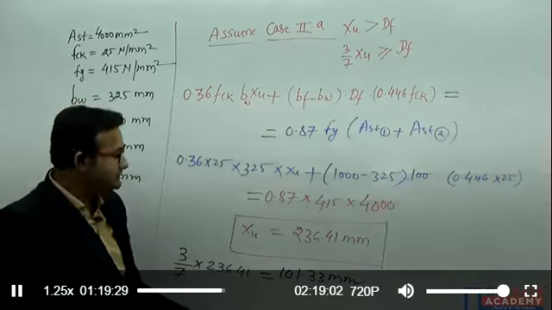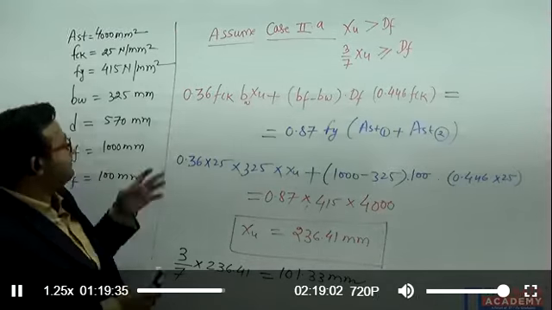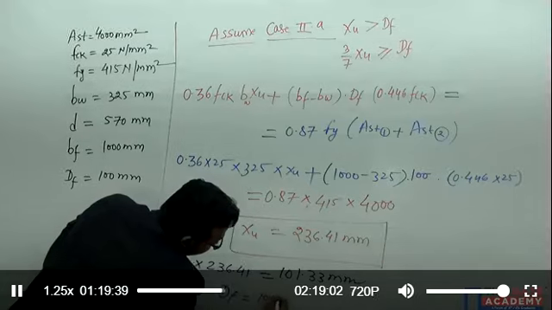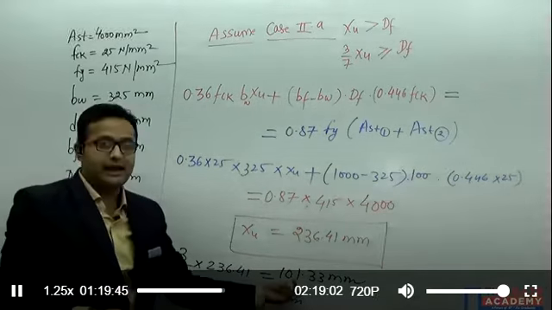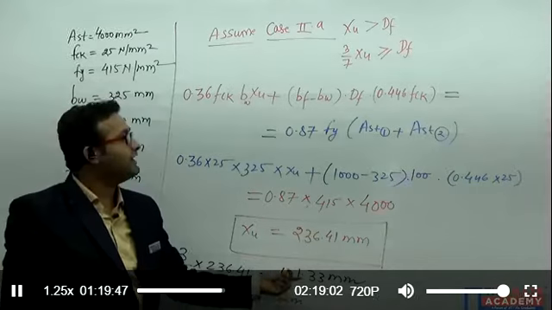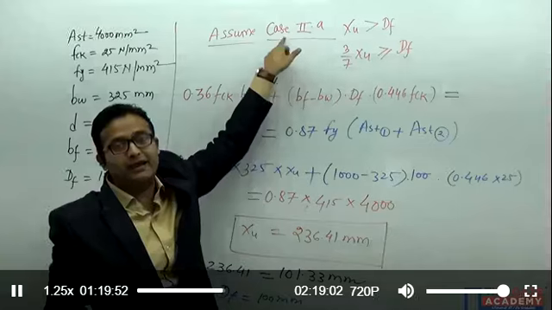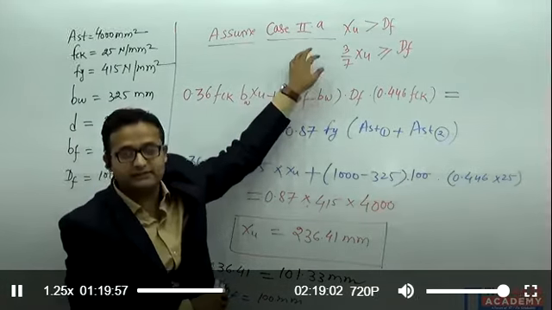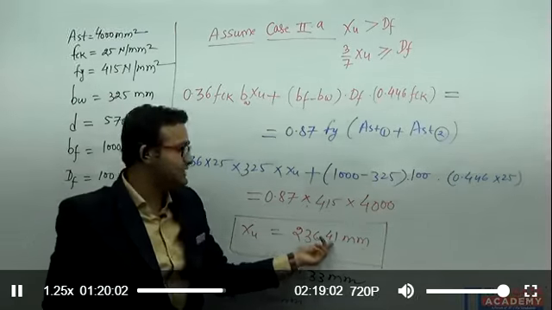That means the DF available, the DF given, is 100 mm. Right? DF is 100 mm and the 3/7 of XU is 101 mm. So I have satisfied this condition also. That means the assumptions I have made here are okay, it is case 2.A, fine. So safe. Your depth of neutral axis is 236.41.